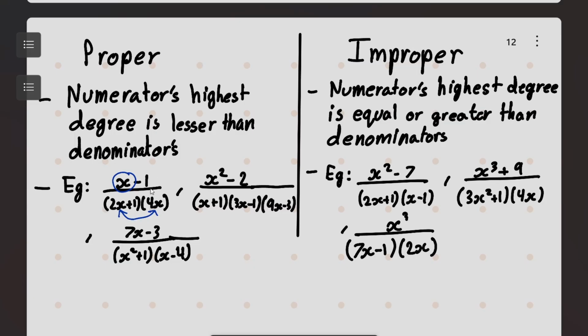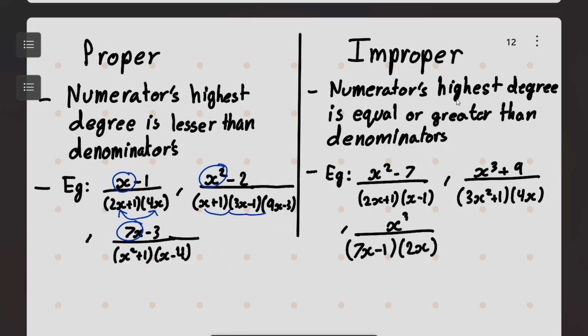So clearly this is a proper fraction. Likewise over here, your highest power of x is 2. And if you multiply x times 3x times 9x, you're going to get 27x cubed. So this is also a proper fraction. And likewise over here, 7x has a degree of 1. And if you multiply x squared with x, you're going to get x cubed. And hence, this is also a proper fraction.